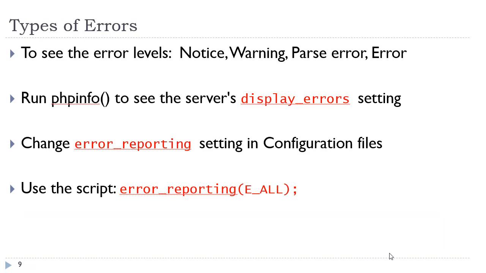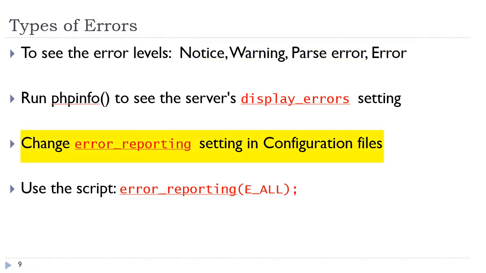In PHP, as in all programming languages, there are several levels of errors. We have a notice, a warning, a parse error, which is a syntax error, and an error, which is what is called fatal. It means the application will not run. The application will run with a notice or warning. However, there could be some logical problem there.